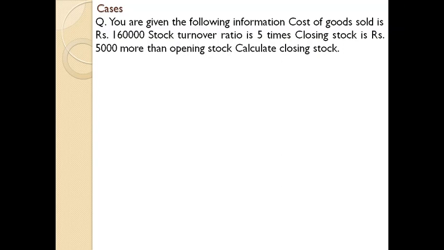Unlike finding the turnover ratios or any ratios that come under activity ratios, in this case you are asked to find something specific like closing stock. Usually we have learned that closing stock will be given, we might use that item in some equations and find the answer. That's a traditional concept. Usually you come across questions like this where you need to find something on the basis of ratios.